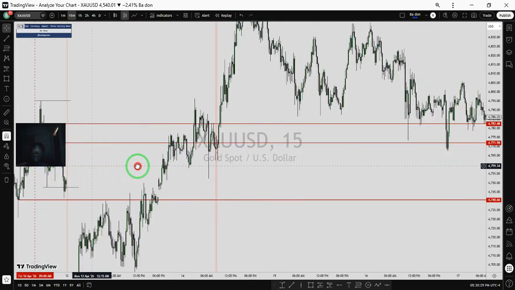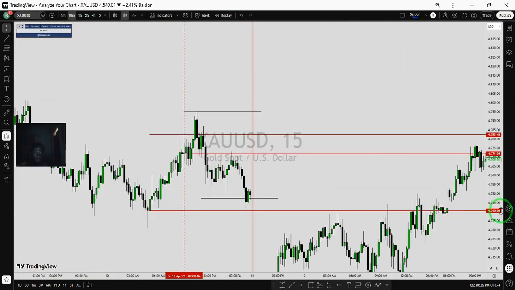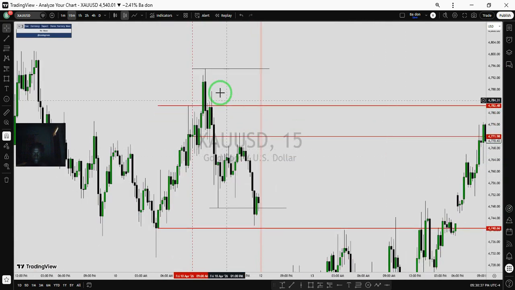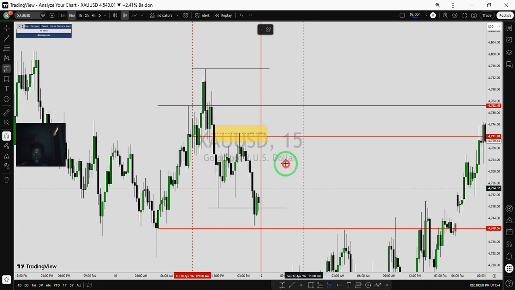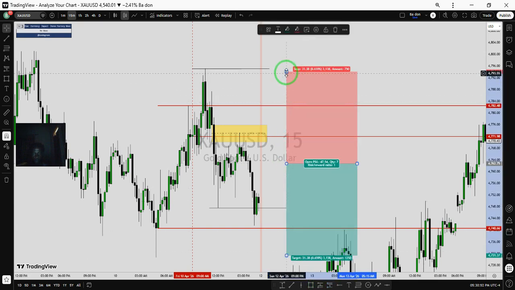Remember, if there's no fair value gap, there's no setup. Now this is the high and the low of the range, and the only fair value gap we have is this one right here. We mark it. Since we have one fair value gap here, we are using the 50% of that fair value gap. So we go on a short position using 500 pips stop.